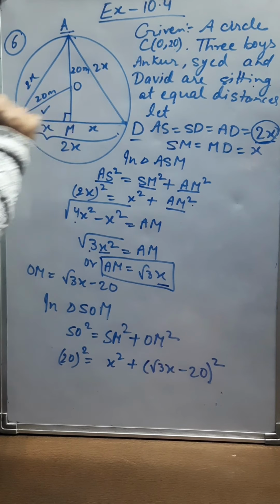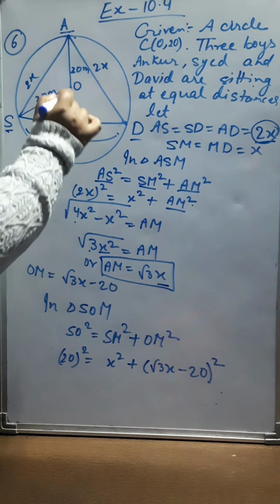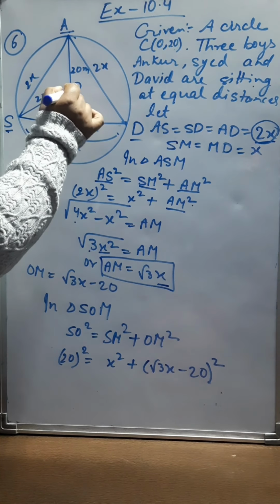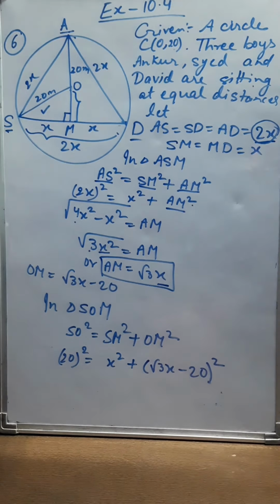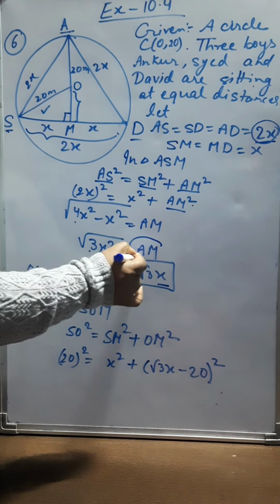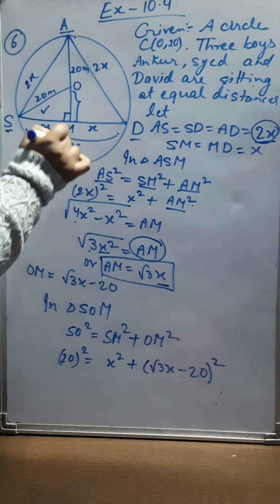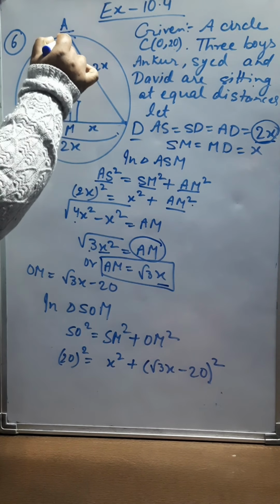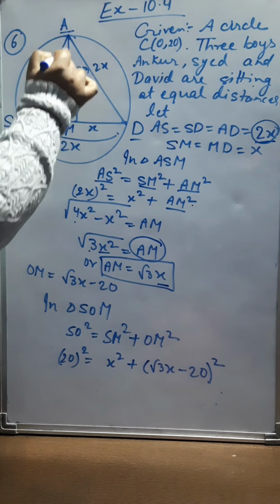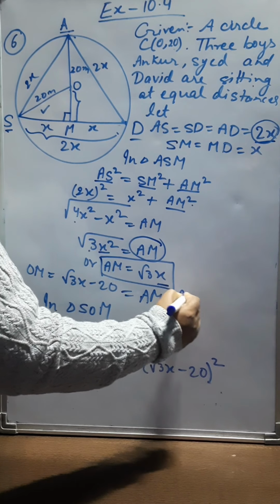Now we will apply Pythagoras theorem in triangle SOM. So for this we have to calculate this OM. Just now we have calculated the length of AM, which is root 3x. So length of OM will be root 3x minus 20, or OM is actually AM minus AO.